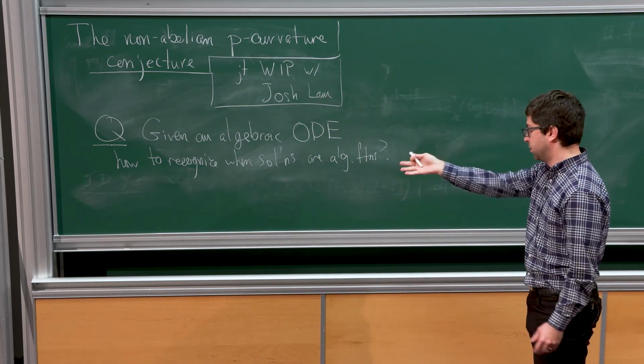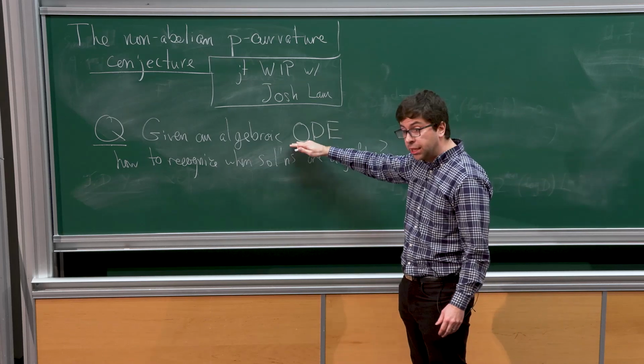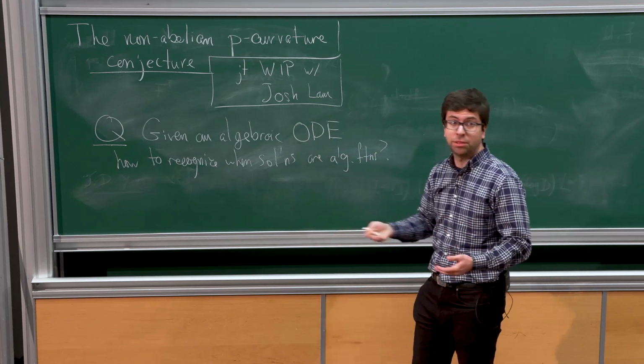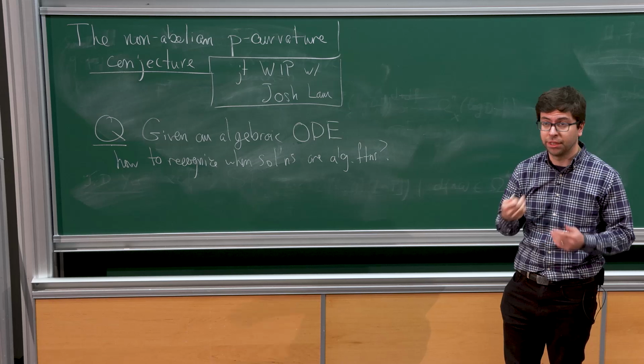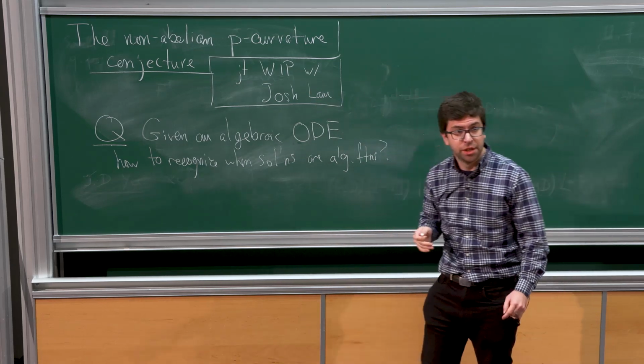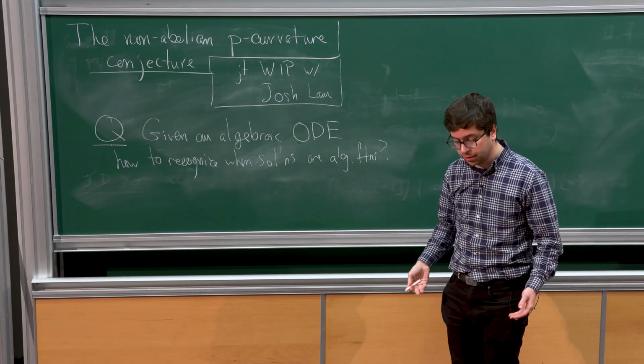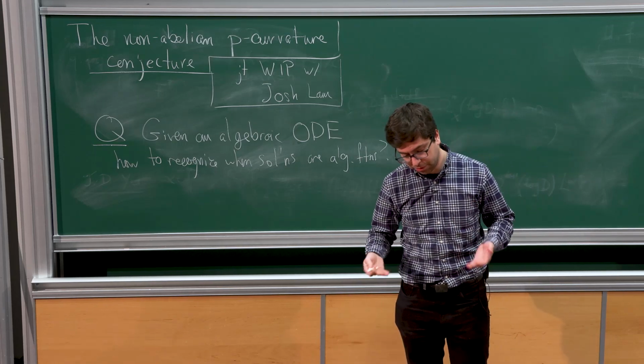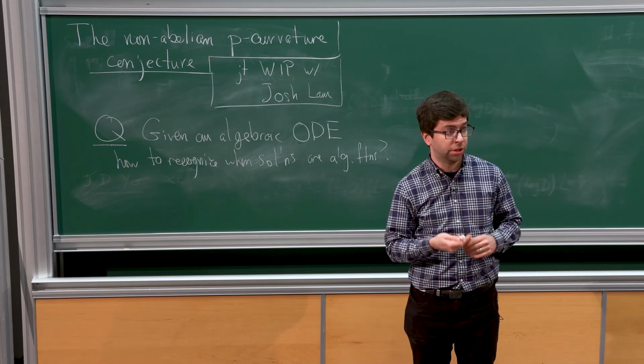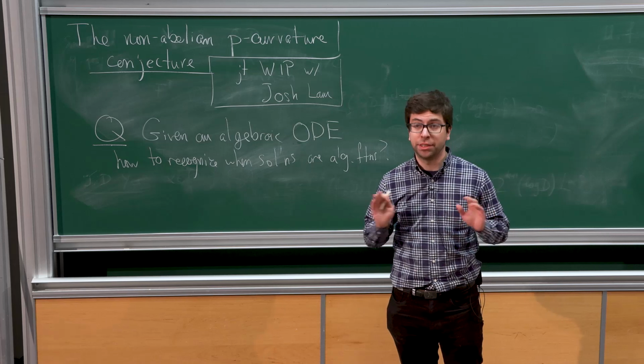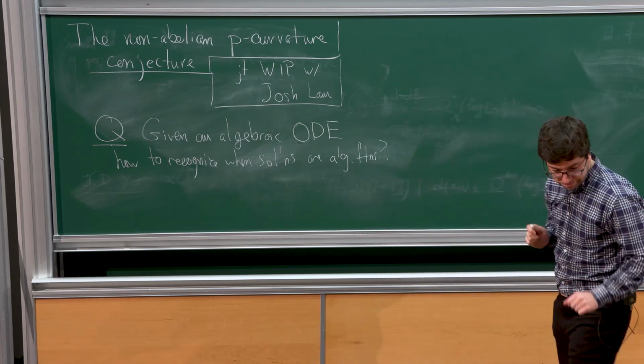As I'll explain shortly, for a linear ODE, there's a very famous conjectural answer to this question due to Grothendieck-Katz, the p-Curvature conjecture. But what I want to do in this talk is explain some version of that conjecture for a certain nonlinear ODE and some modest evidence for that conjecture.